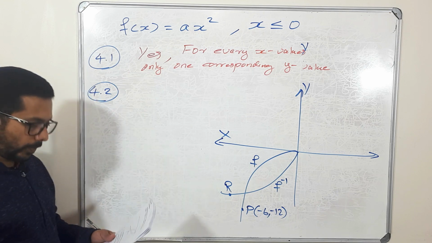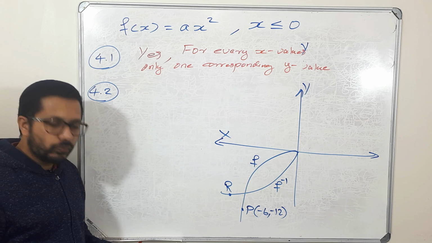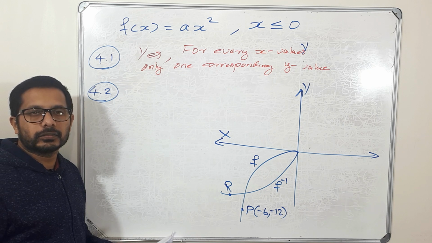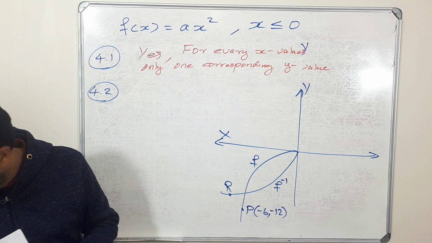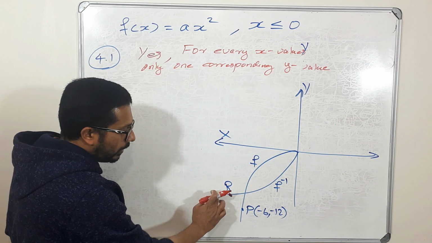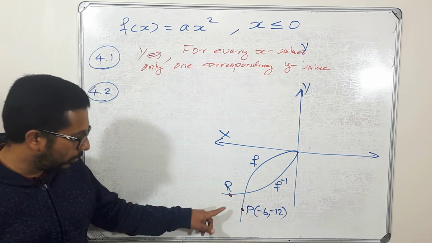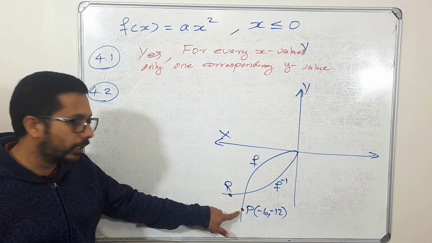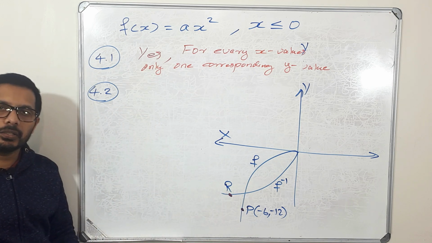If R is the reflection of P in the line y = x, write down the coordinates of R. What is the meaning of that? They are saying that this point R is the reflection of this P, based on the line y = x. Which one is the line y = x?